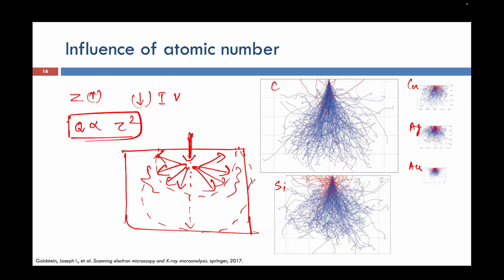So this is the reason why when you increase the atomic number, the interaction volume in linear dimension, I have to be clear, in linear dimension, it is decreasing.